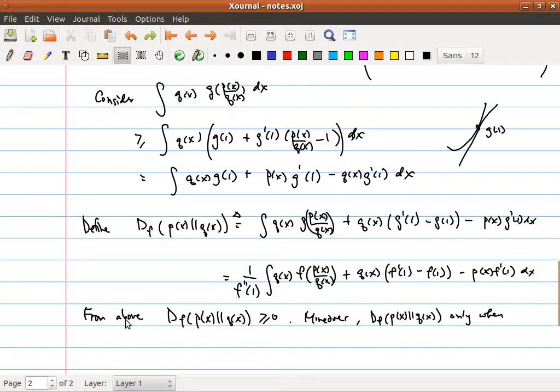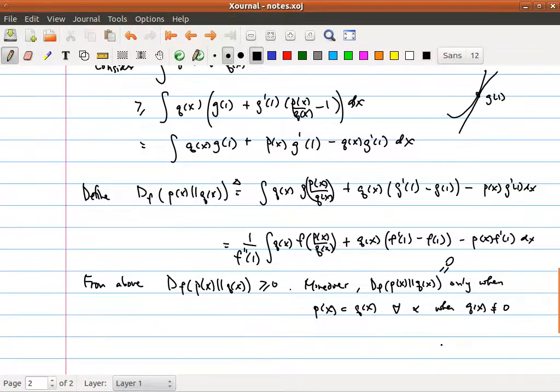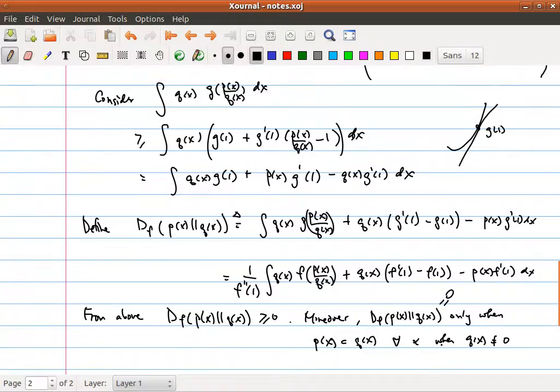In other words, to summarize here, I always have the f-divergence bigger than or equal to 0. Moreover, this is equal to 0 only when p(x) is equal to q(x) for all x where q(x) is not equal to 0. And that's very quick.